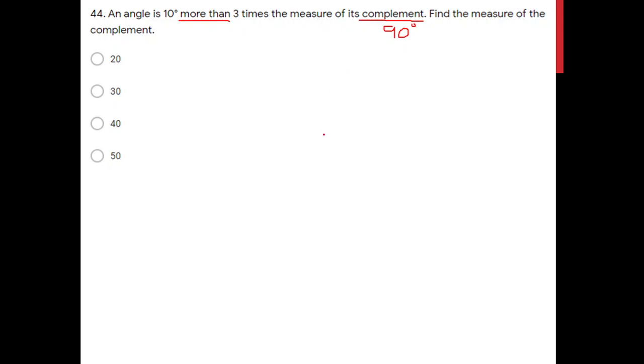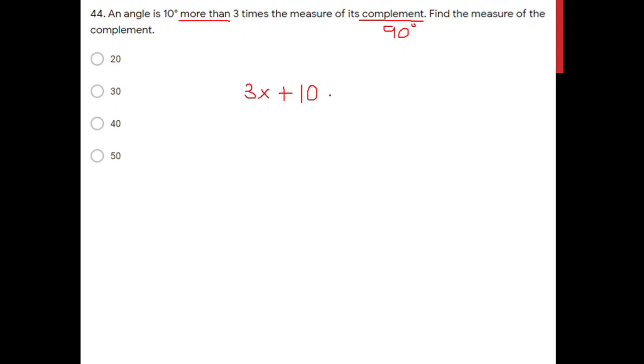Okay, so it becomes 3x here. 3 times means 3x, and then 10 degrees more, so plus 10. So this is the first angle.